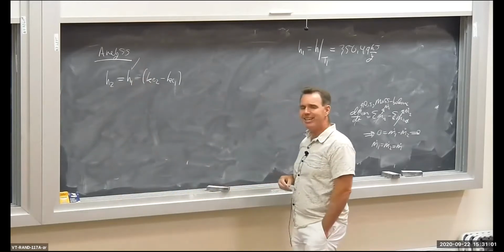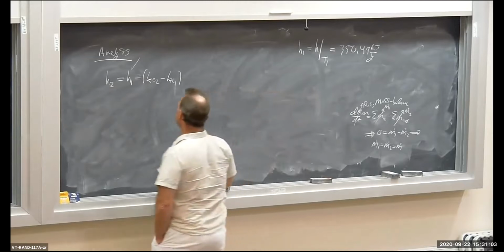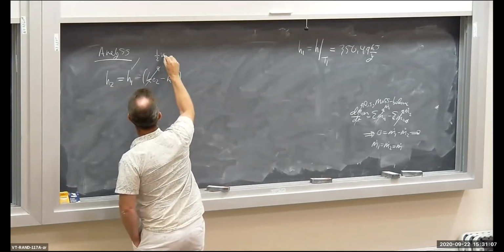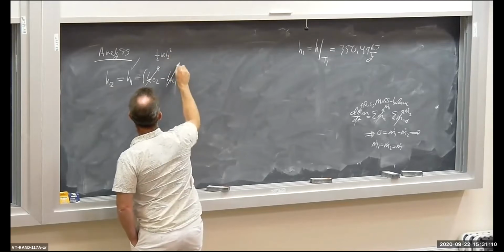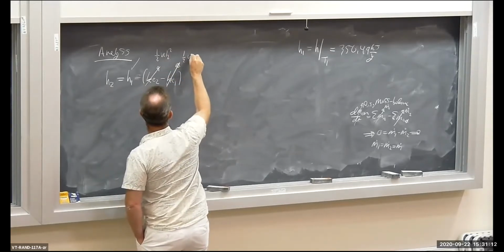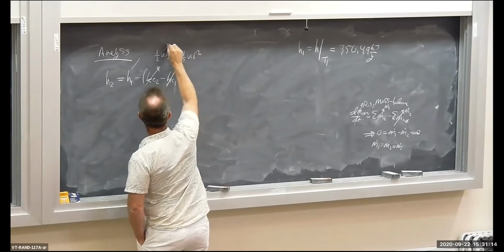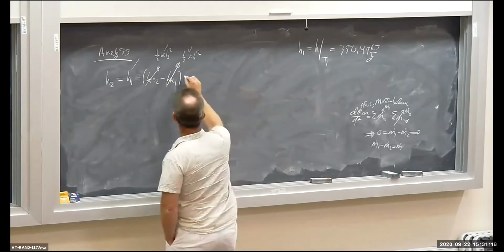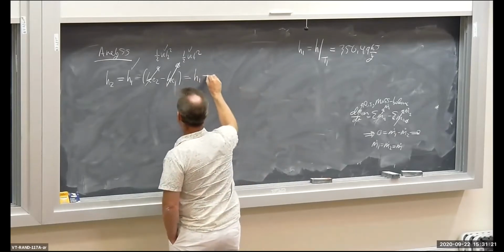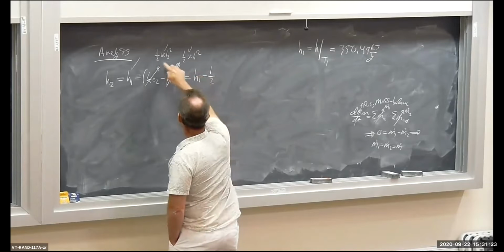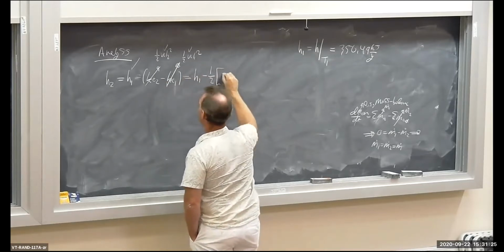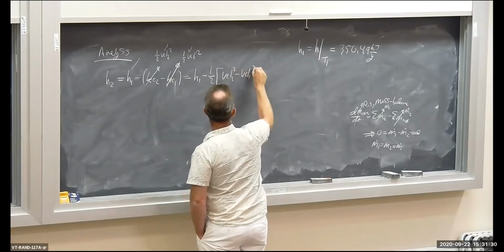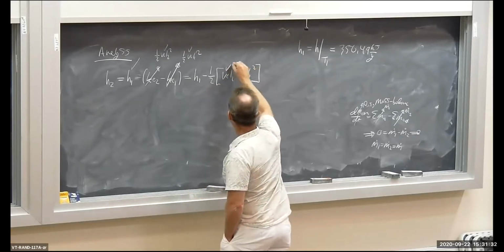What about the change in kinetic energy of the flow, KE2 minus KE1? Well, KE2 is 1/2 velocity 2 squared, and KE1 is 1/2 velocity 1 squared. I have both these velocities. So H2 is H1 minus, factoring out the 1/2, velocity 2 squared minus velocity 1 squared.